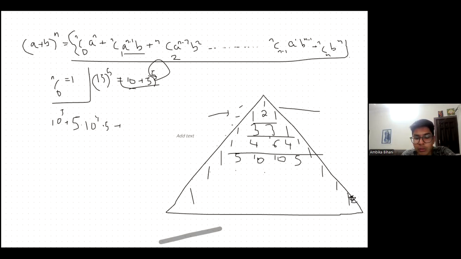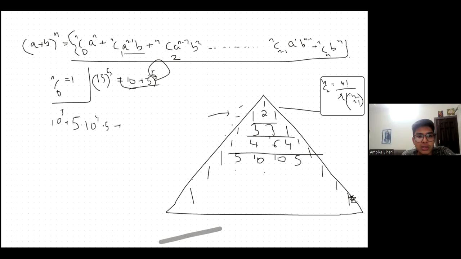So the general formula for combination is nCr equal to n factorial upon r factorial into n minus r factorial.